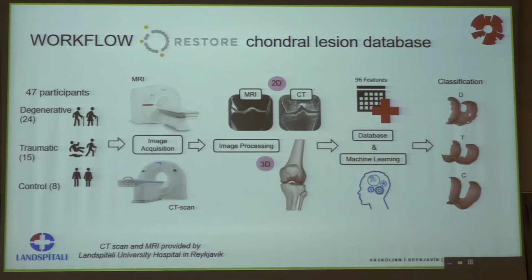We scanned them with MRI and CT scan, and we extracted a total of 96 features from a 2D analysis on the images themselves and from a 3D elaboration of the 3D models of the cartilage. We created a database, which I will show in the next slide, which is public and available online. Through machine learning, we tried using these features to classify the cartilages: degenerative, traumatic, and control subjects.